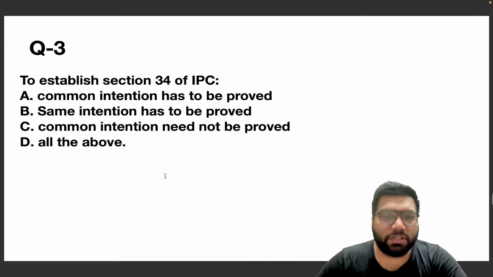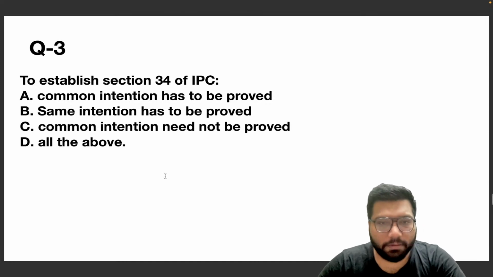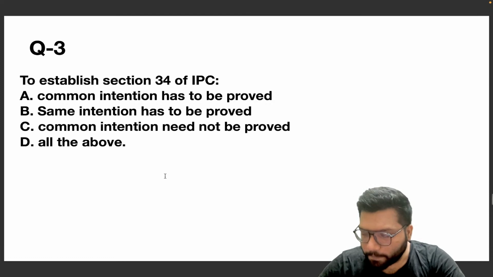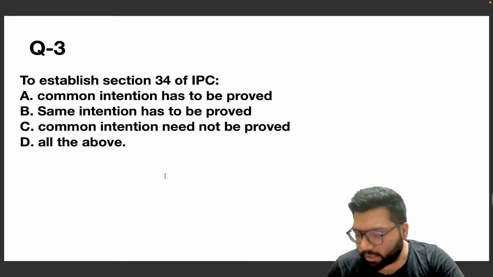To establish section 34 of IPC... Starting from Neetu, Mohit, and Sunita, everyone has answered correctly.